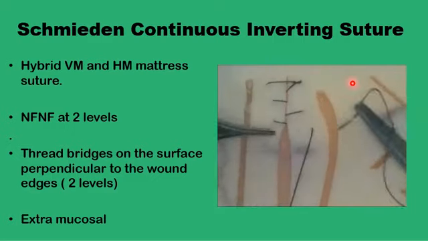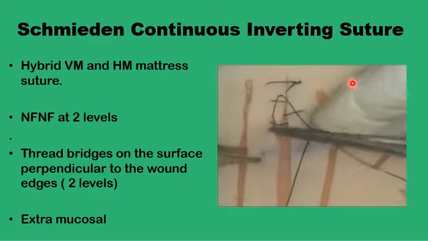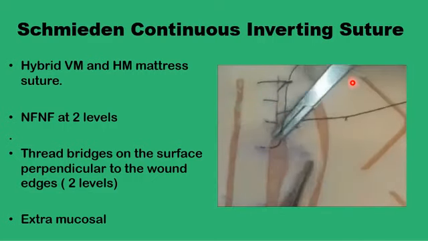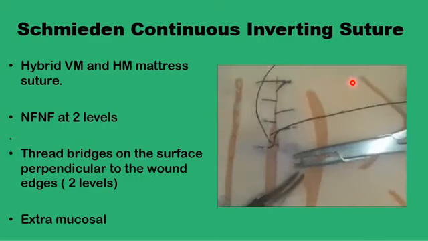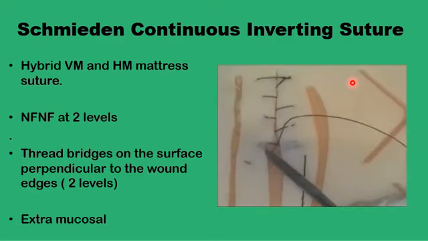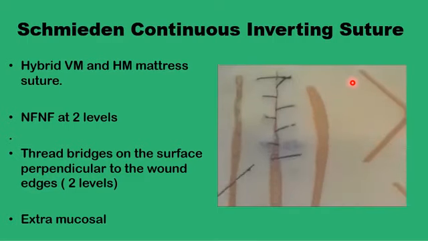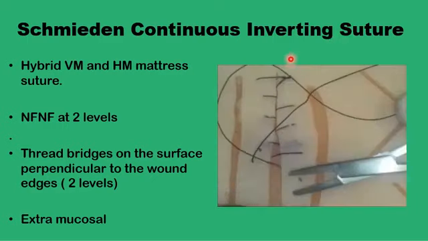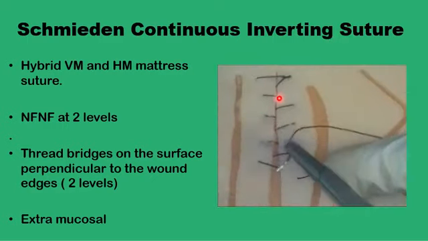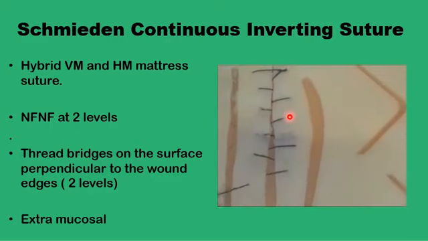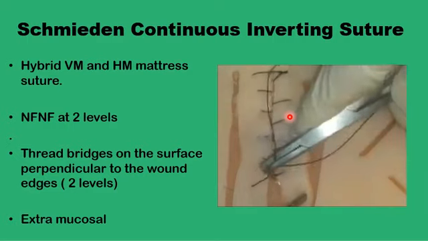And you progress between levels like this, near to far on this level, cross and have a near to far on another level, and go on all extramucosally without puncturing the mucosa, and you would have the threads perpendicular to the wound edge, and this is going to cause inversion.